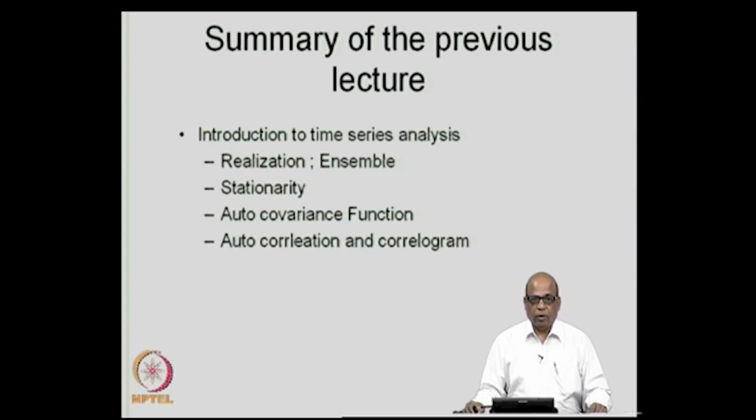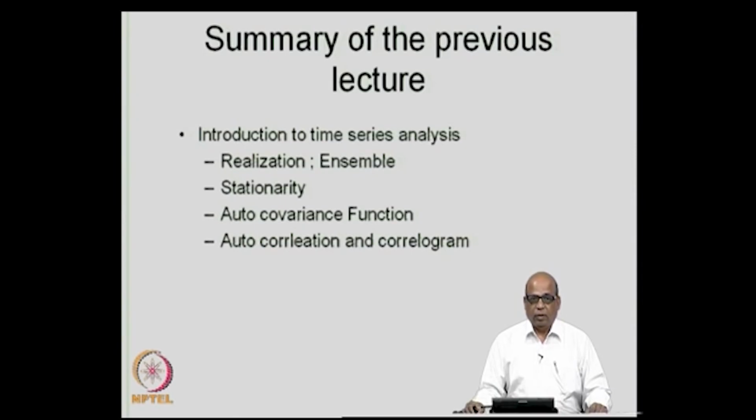We also introduced the concept of weak stationarity. We reckon a time series to be weakly stationary of order f if all the moments up to order f are the same across time t and t plus tau for all t.